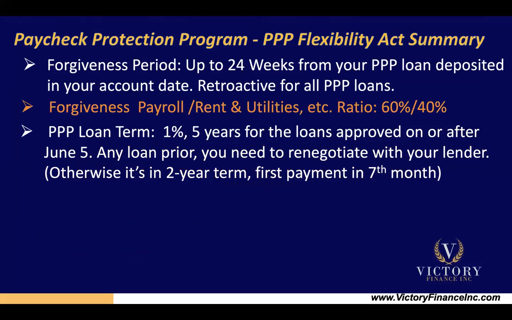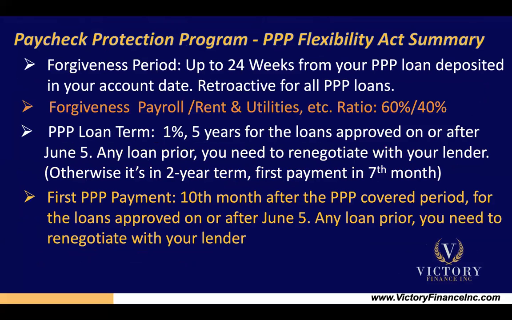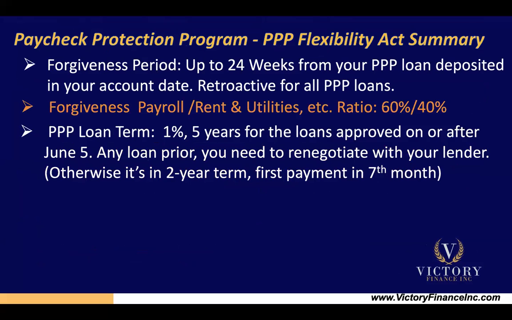Okay, we already know about the payroll ratios, the 1% now. So the 5-year term is one thing, and it's not automatic, right? You got a 2-year term basically, and after 6 months, if your amount is forgiven, great, you don't need to do anything, that's done, okay?